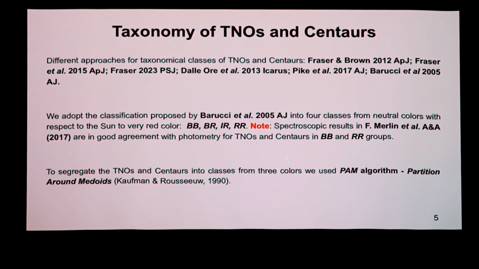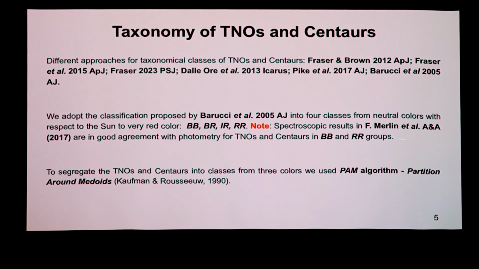There does not seem to be a consensus in the literature about the number of taxonomical classes for TNOs. We decided to adopt the classification by Barucci and collaborators that splits the TNOs into 4 classes, from the most neutral reflectance spectrum with respect to the sun to the reddest ones, with 2 intermediate classes.